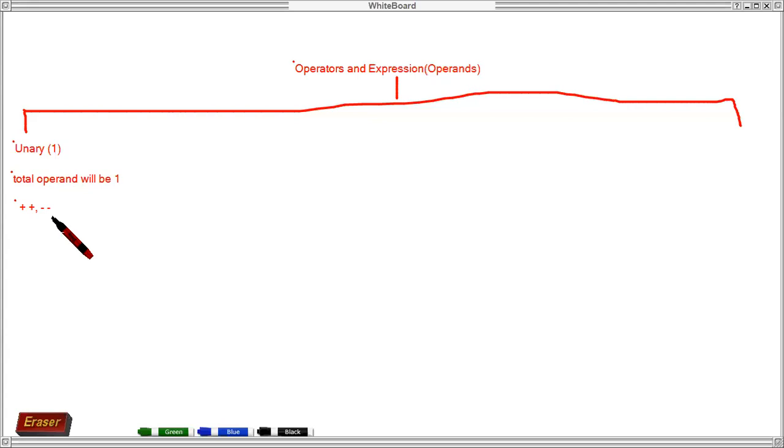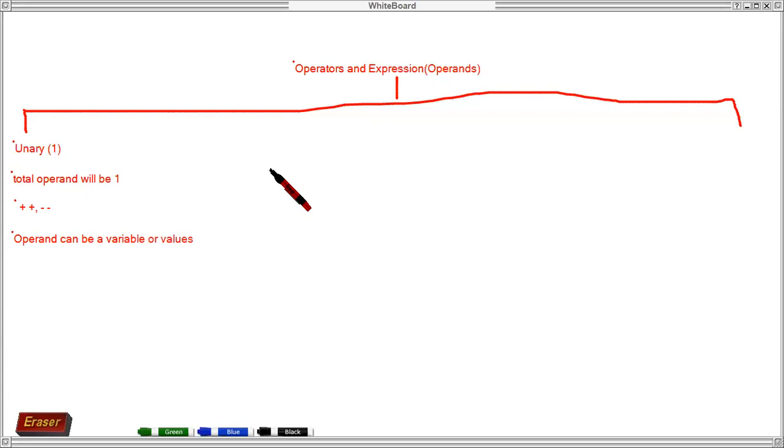That means this kind of operator requires only one operand. Now, when I was talking about the operand, I also said that the operand can be a variable or values.